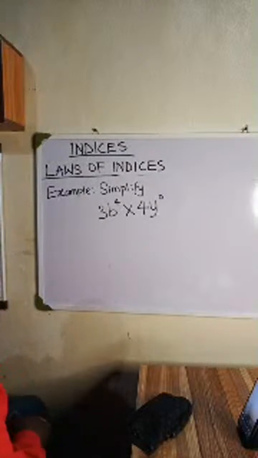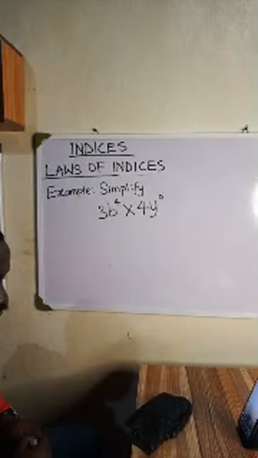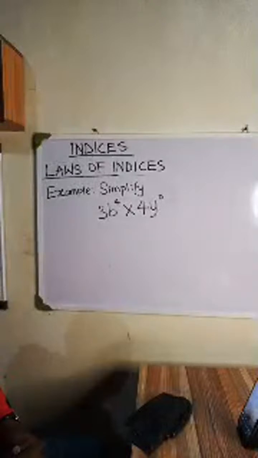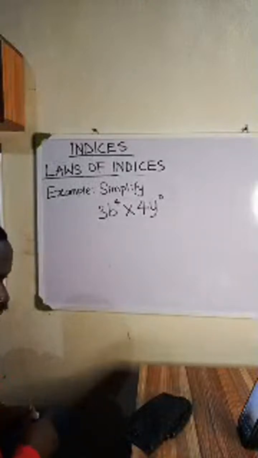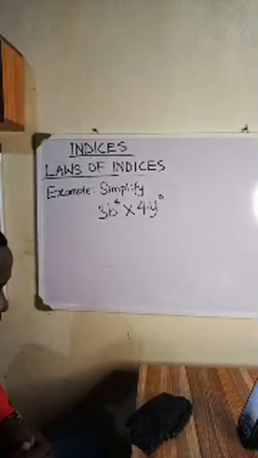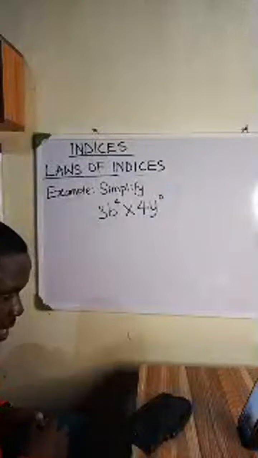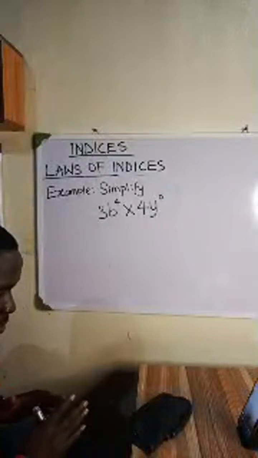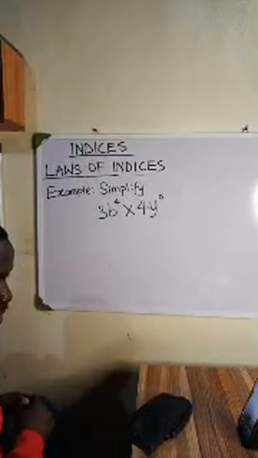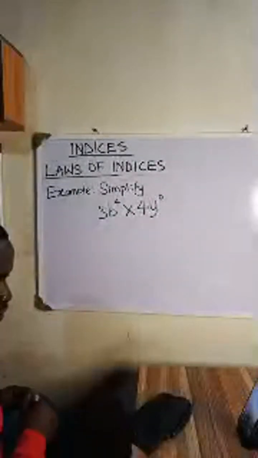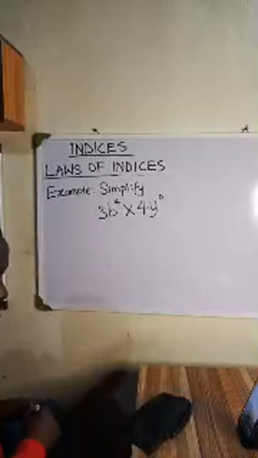3b to the power of 4. Okay, 13yb to the power of 4. Good attempt. Einstein, good attempt. I can't pronounce it, but that's a good attempt. I didn't say you got it. 12b to the power of 4.